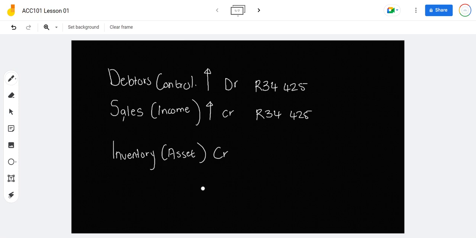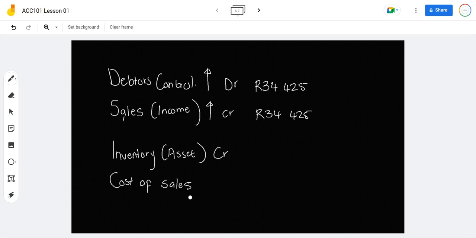But then also remember, this stock, when we bought it, we had to record it in inventory, right? But now we also have to record it under cost of sales. All right, how much did this sale cost us to buy and then come to sell?